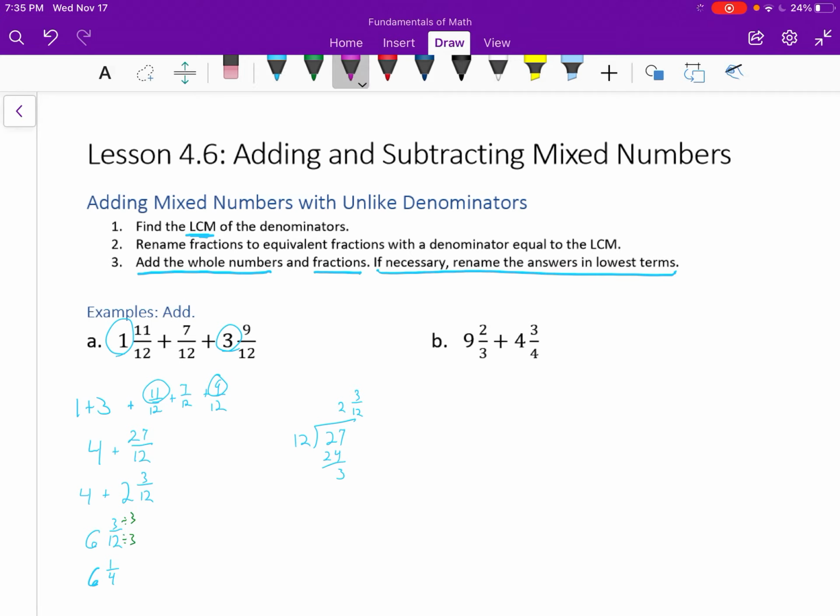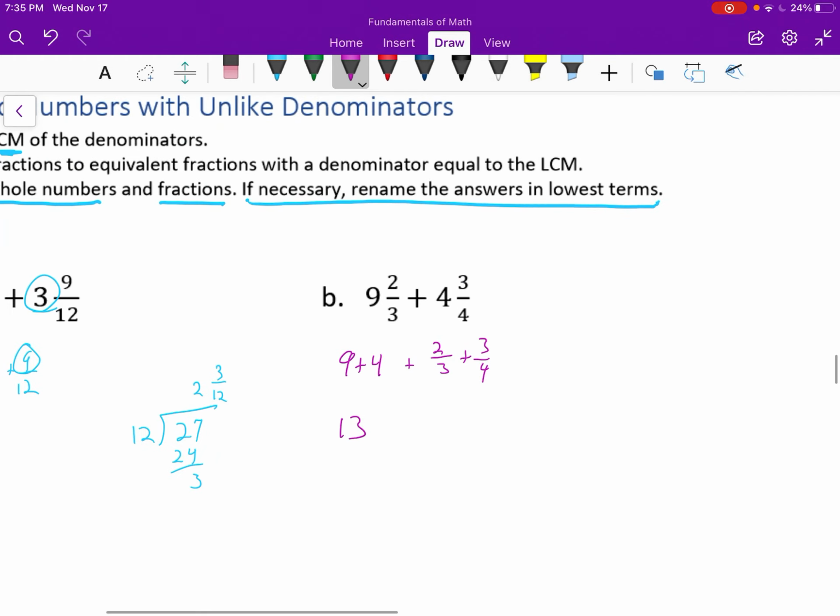Next one, we're going to add the 9 plus the 4. And again, we could have done that in our head. And we're going to add the 2/3 and the 3/4. 9 plus 4 is 13. 2/3 and 3/4, well, they are not like denominators. So what's the common multiple of 3 and 4?